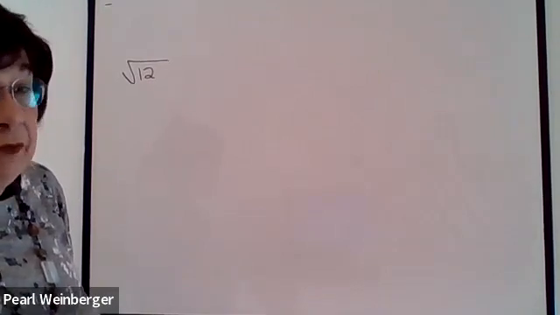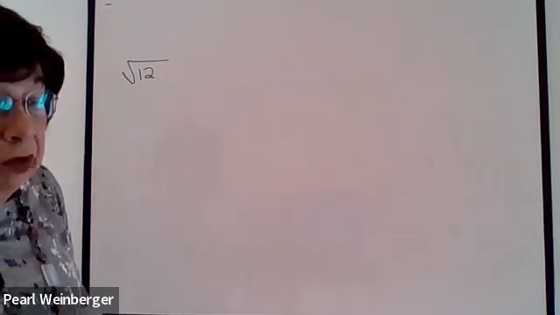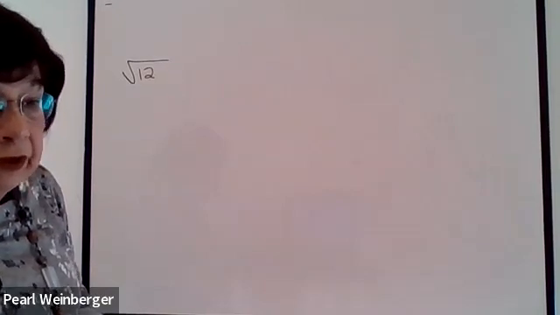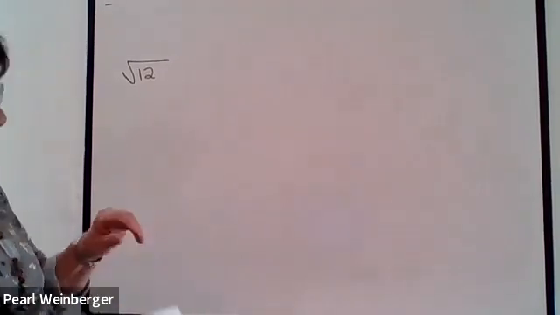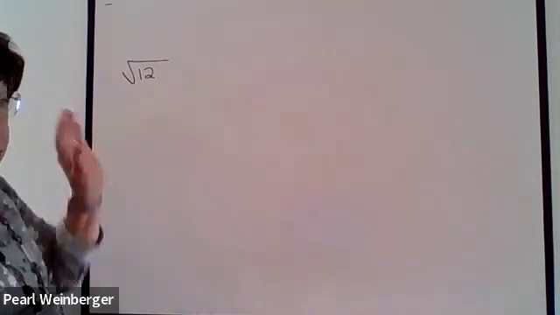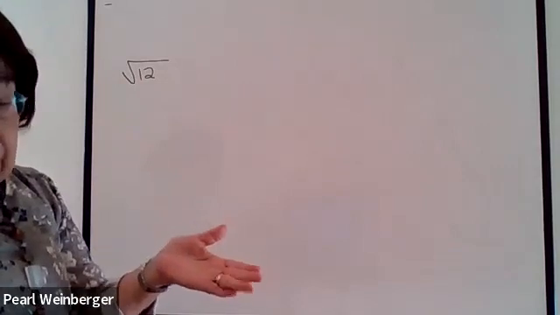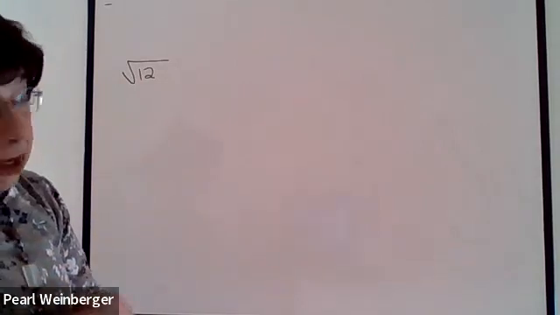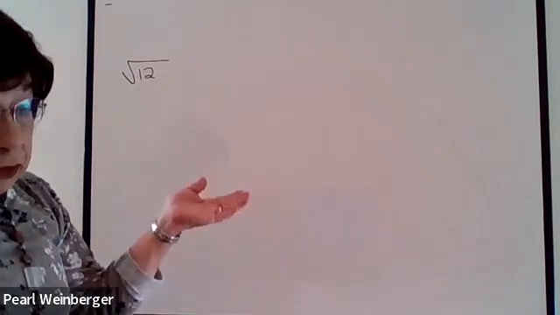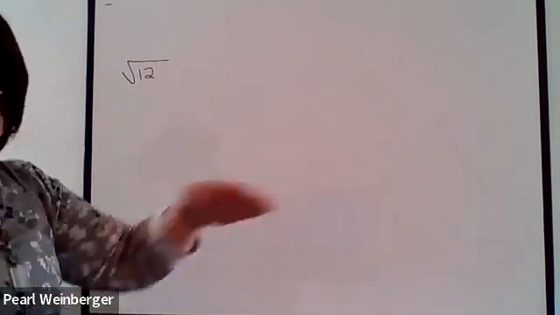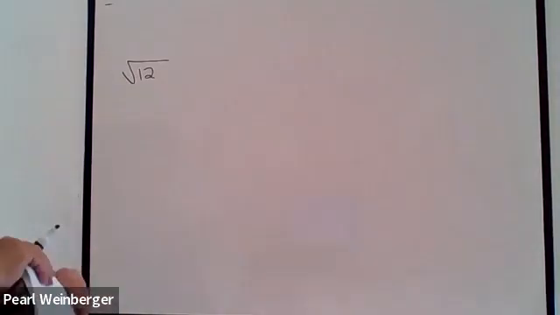Now, sometimes you're going to have more than one choice. If you have more than one choice, pick the larger perfect square. You're going to recognize that 12 is not a perfect square. If you don't, stick it into your calculator, and you'll see right away, because the square root of 12 will come out to be a long decimal.